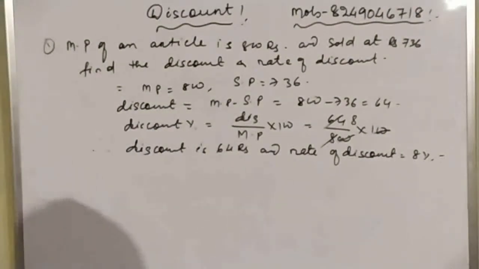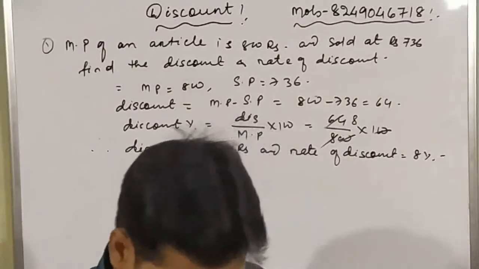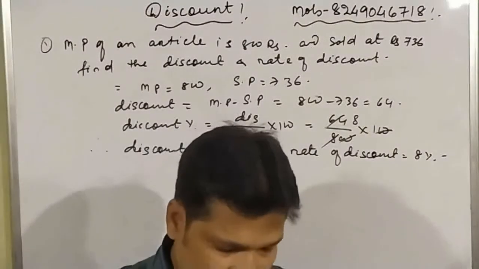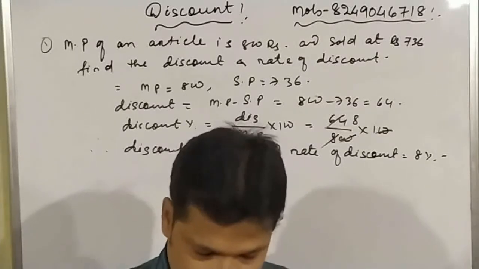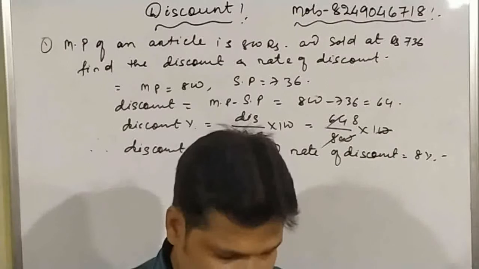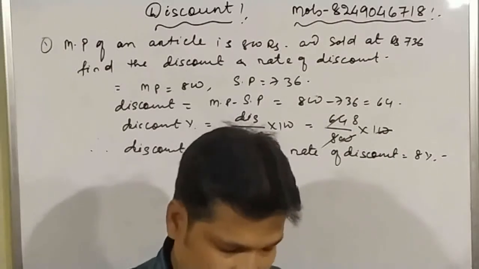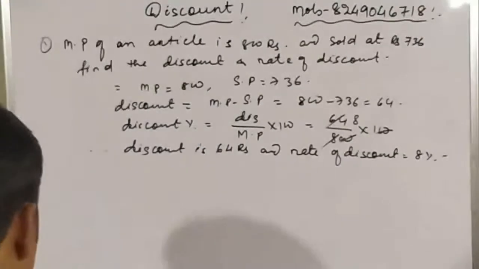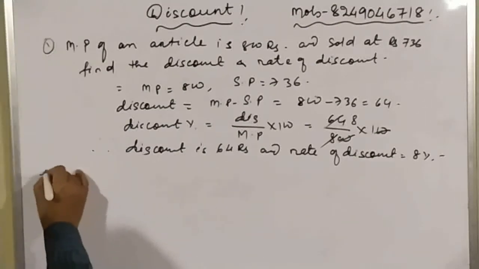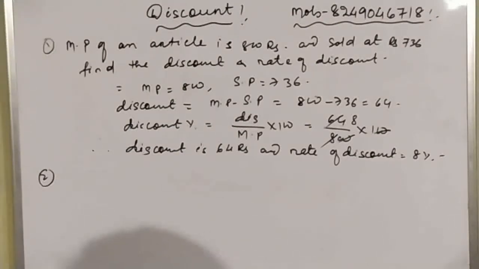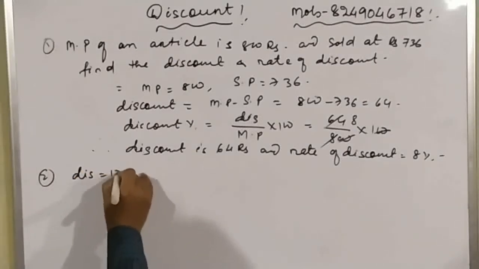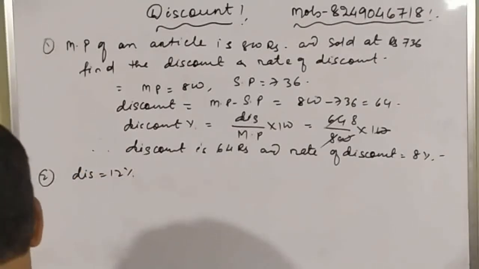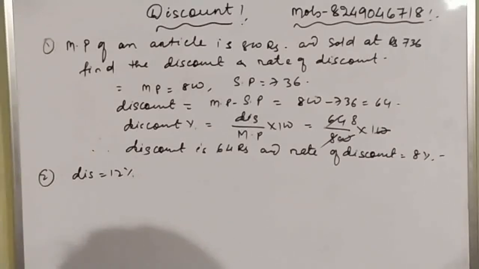now we'll do the second question. After allowing the discount of 12% on the mark price of an article, it was sold for rupees 880. Find the mark price. Okay student, here in question number 2, it is given that discount is equal to 12% on the mark price of an article, and it sold for 880.